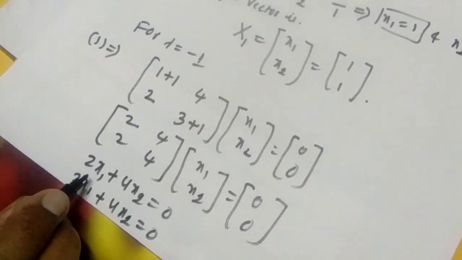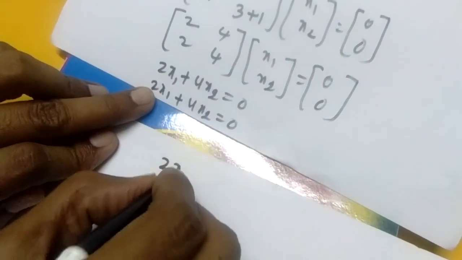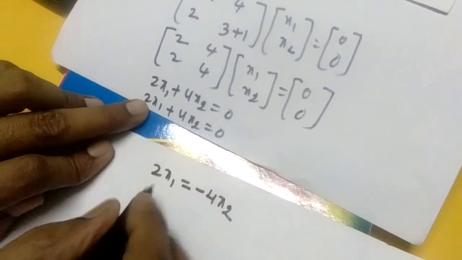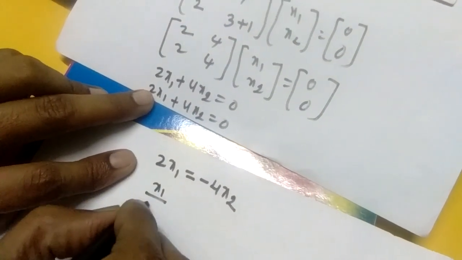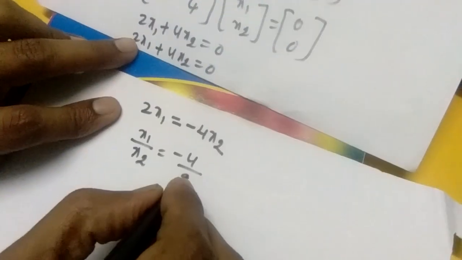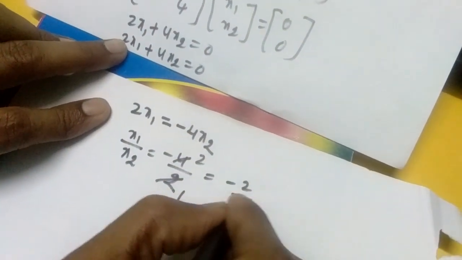For two variables, we take either the first equation or the second equation; from both you get the same values. I will consider the first equation. From that 2x1 is equal to minus 4x2, or x1 by x2 equal to minus 4 divided by 2, that is minus 2 by 1.